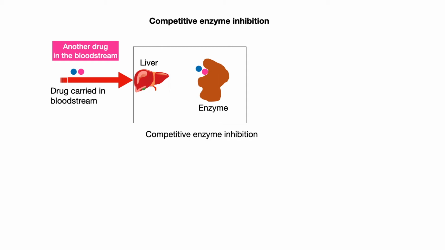And that is classic competitive enzyme inhibition. So you still get the metabolite formed, and the metabolite is still cleared, but it's much slower than it was before. So you have now slowed down the clearance of the metabolite from the bloodstream.